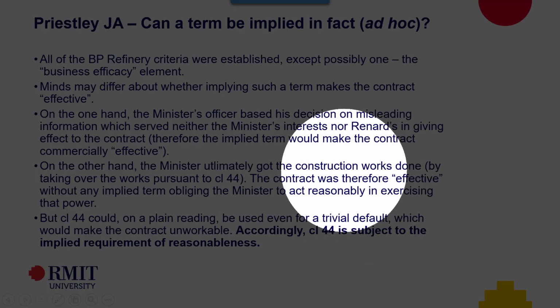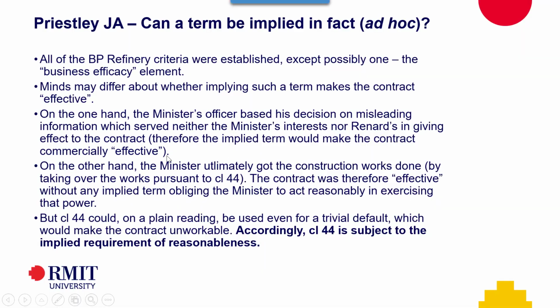So what do we think about this sort of two-sided idea? It's like version 1, the contract's effective for Renard if we imply good faith, if we limit the exercise of this authority to only circumstances where there's good faith. But it's actually effective for the minister. They have actually got what they wanted by exercising the clause without the good faith element.